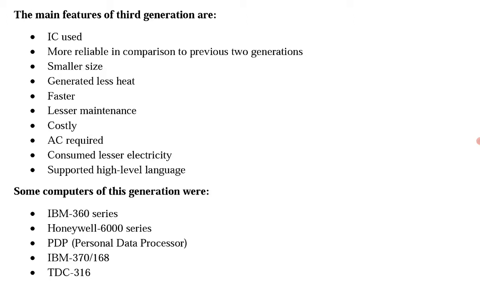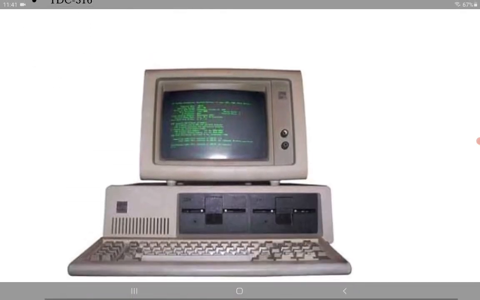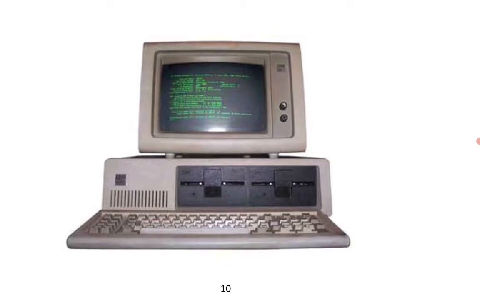They consumed lesser electricity compared to second and first generation. They supported high level languages, as we already discussed: BASIC, COBOL, Fortran were all introduced. Examples are IBM 360 series, Honeywell, like that. So this is the third generation computer.